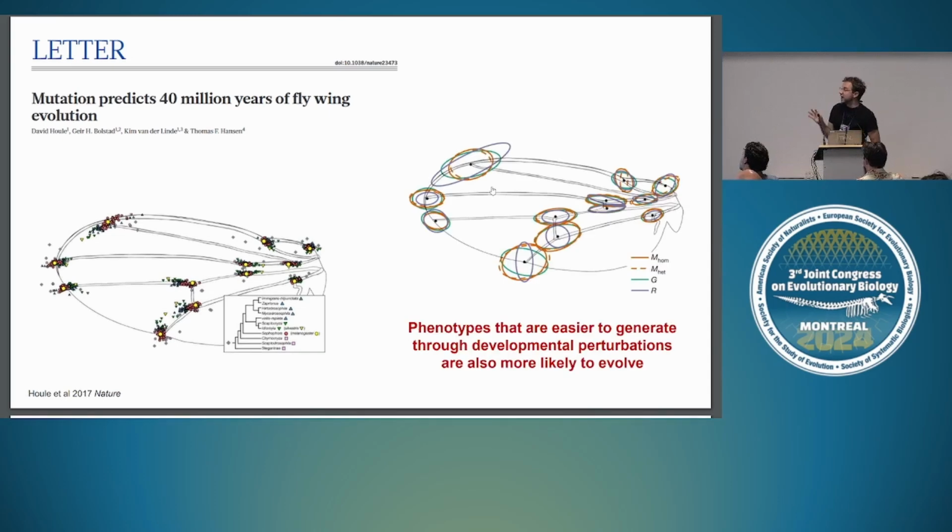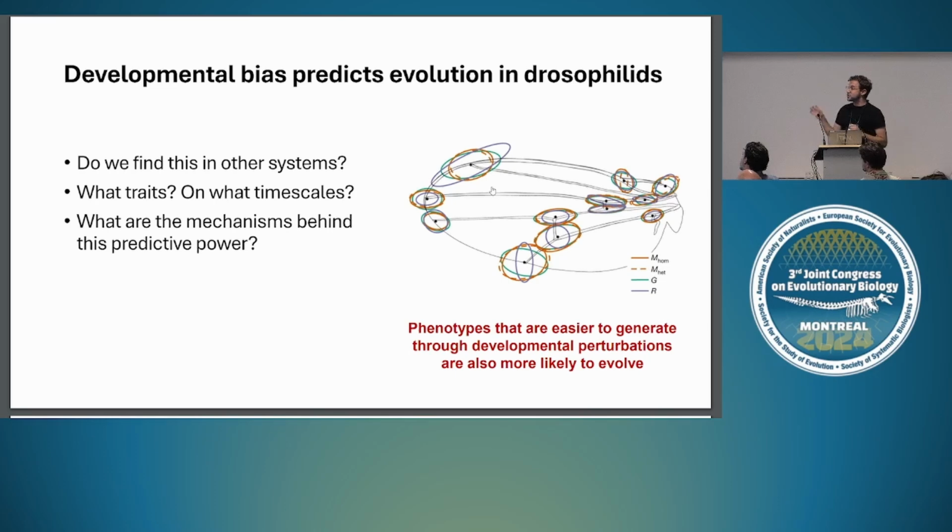And what Houle et al. found was that those genotypes that are easier to generate through developmental perturbations, in their case mutations, are also those that evolve the fastest. In other words, those phenotypic dimensions that are most strongly affected by mutation also evolve faster. And that suggests that there's a strong developmental bias in fly wings, and that this can predict evolution on several tens of millions of years.